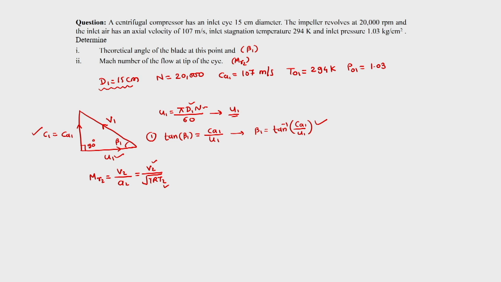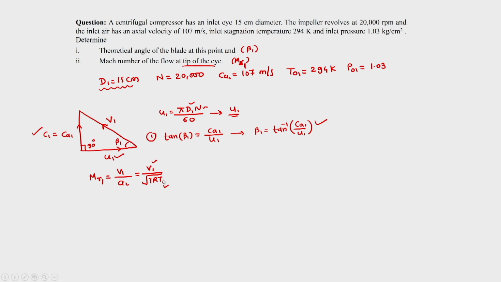Here we are told that we have to find the Mach number at the tip of the eye. So basically we have to find not 2, we have to find 1. Since this is 1, this is again 1, and this is again 1, this is 1, and this is 1.